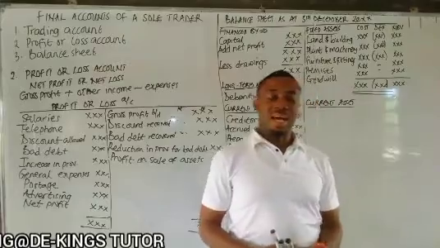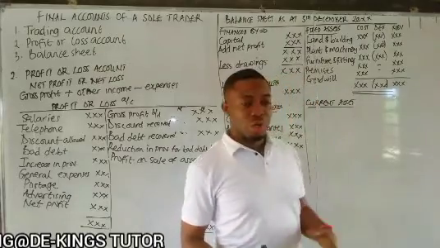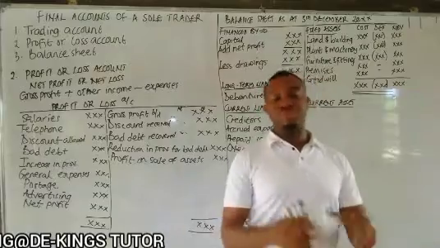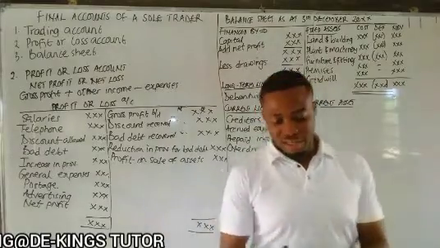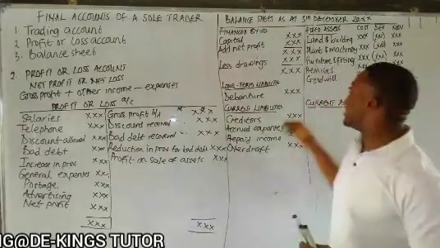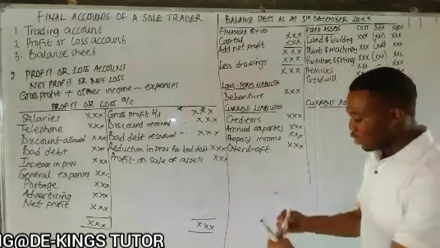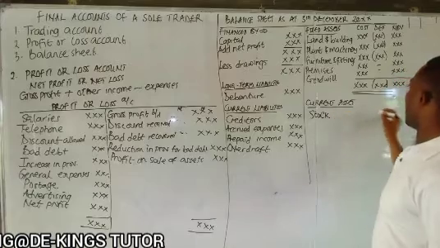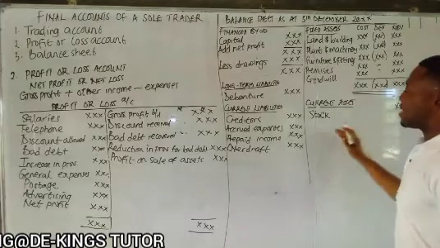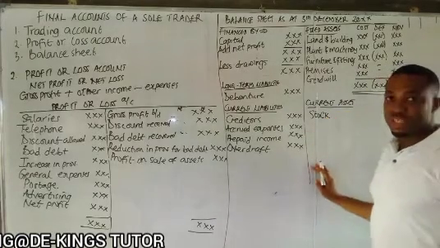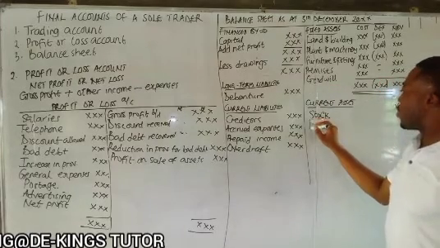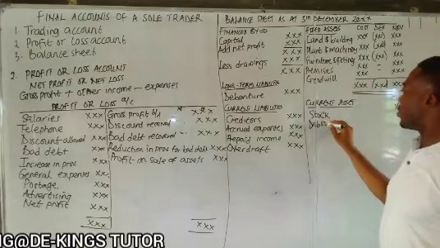Current assets are those items belonging to a company that can be used in one accounting period. They can't last as long as the fixed assets. So we can have stock. The current assets are arranged in order of least liquidity, the one that can easily be converted to cash. So we have stock, we have debtors.